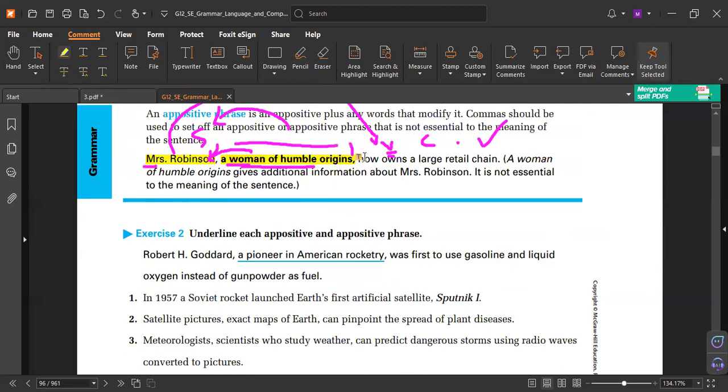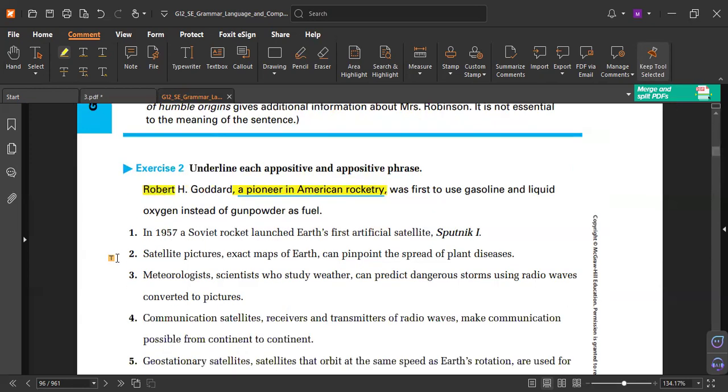The two commas help describe who this person is. The apostrophe can be at the beginning, yes or no? Look, in the beginning, in the middle. Pictures can pinpoint, and information about the pictures. Yes or no?